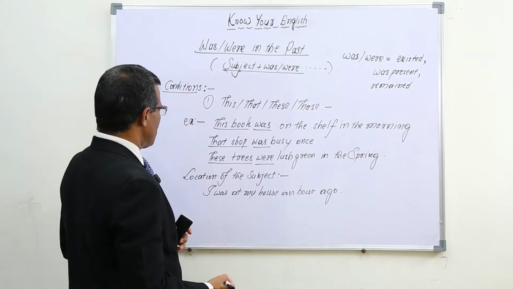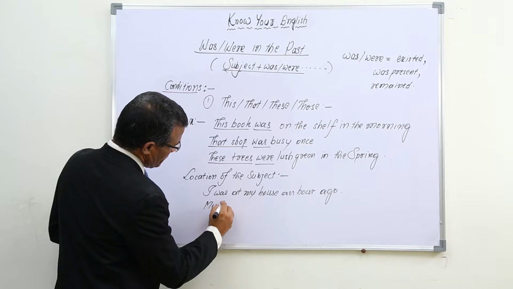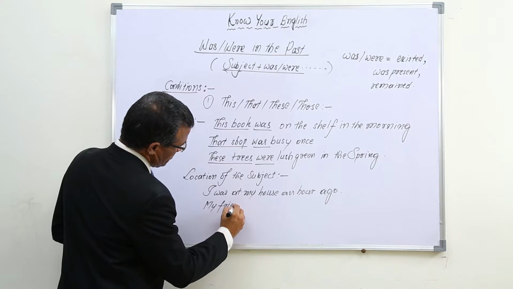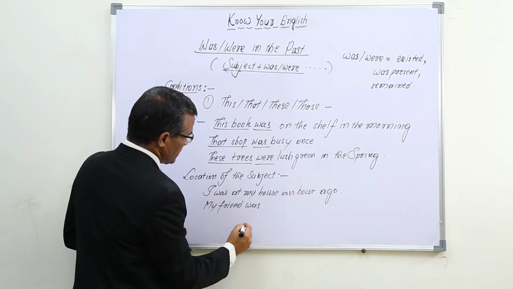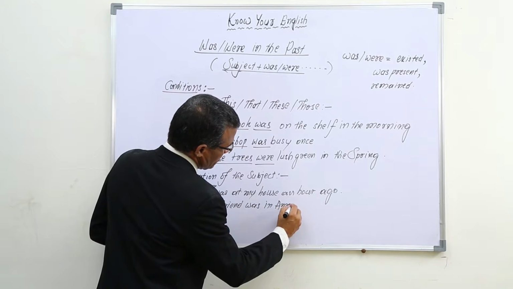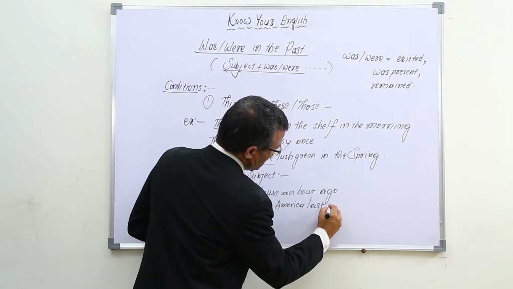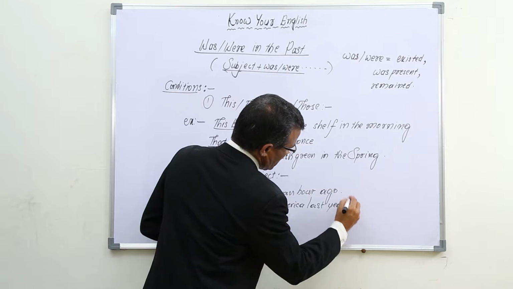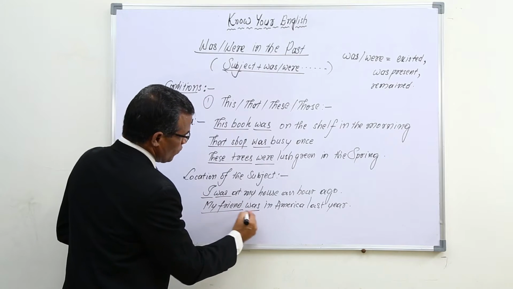And in the same way, for example, my friend was in America last year. So in this way, I was, my friend was.